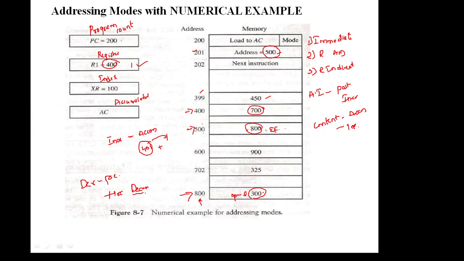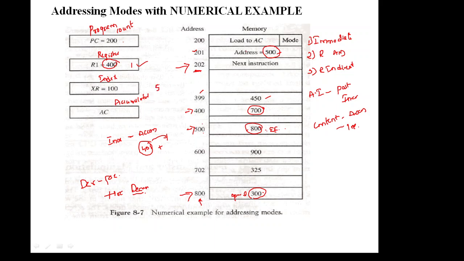The first instruction is at 200, and now the program counter is pointing to 202. The program counter contains the next instruction. The address field is 500.